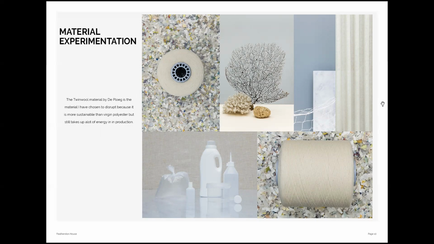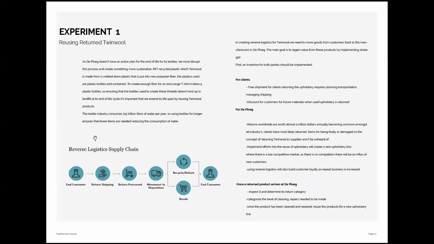So I decided to go with twin wool for the reasons that I mentioned. It doesn't have a return policy, and it uses energy and water as well. In creating this twin wool, it's made out of PET recycled plastics, which is essentially plastic bottles and containers.